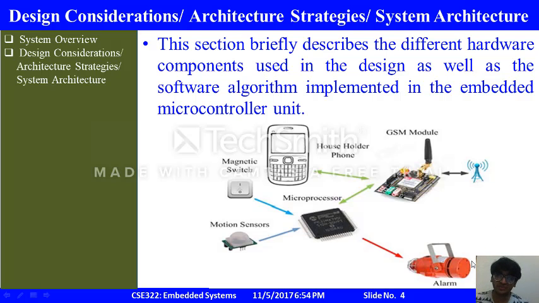Or since we are using the GSM module, we won't really need the alarm, we'll just need a silent text or a phone call. So this section briefly describes the different hardware components used in the design as well as the software algorithm implemented in the embedded microcontroller unit.